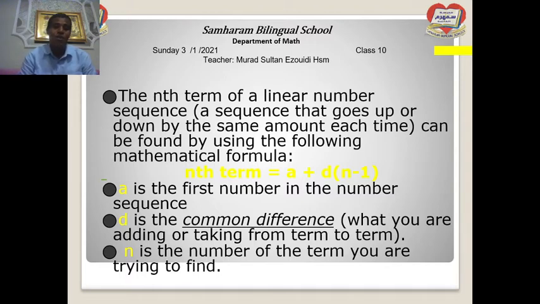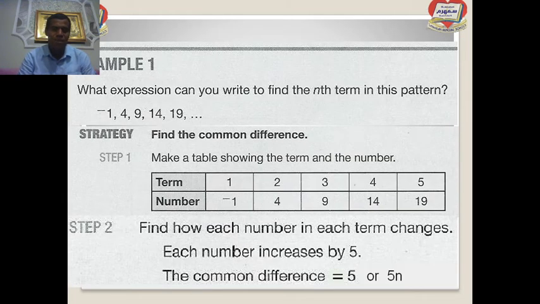This is called the common difference. Here d, my learners, is called the common difference, what you are adding or taking from term to term. And n represents the number of the term you are trying to find. Let's focus on this example, my learners.